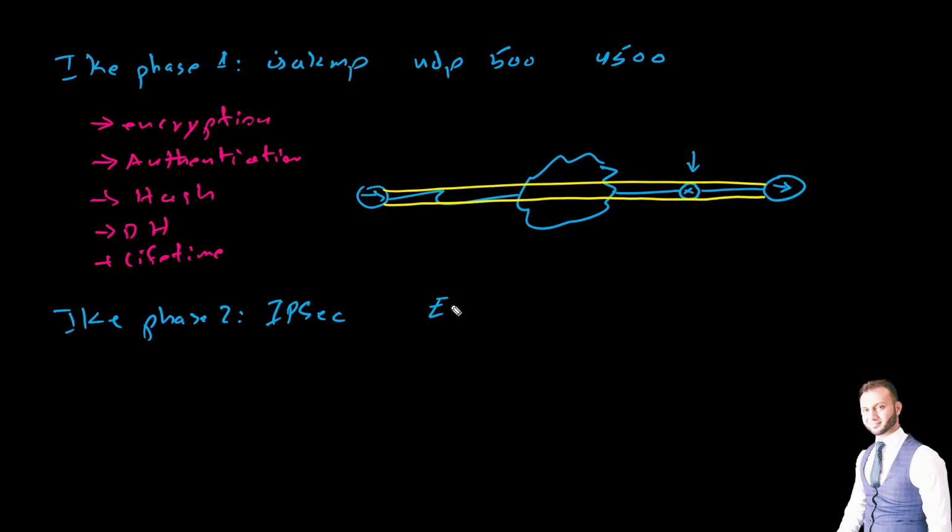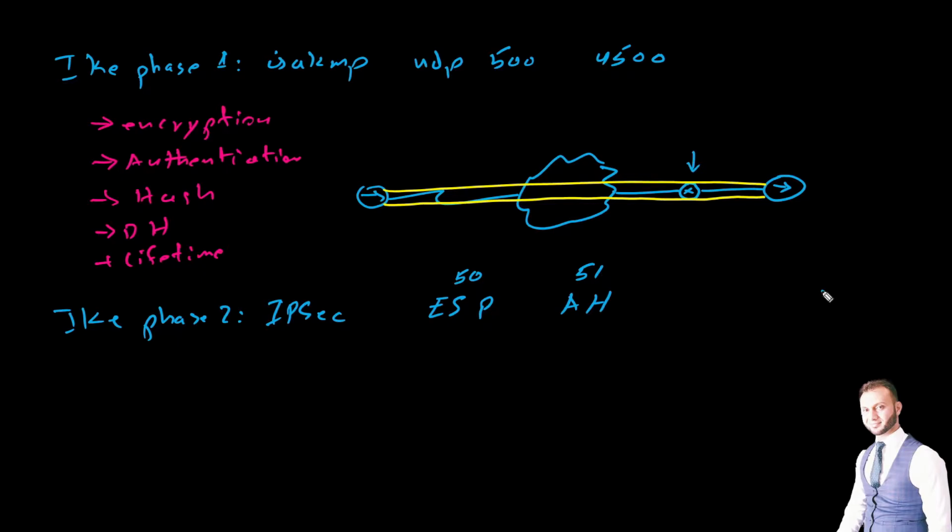One is ESP, Encapsulation Security Payload, and the other one is Authentication Header. Now, the difference between these two is that Authentication Header only encrypts the header of the packets. However, ESP encrypts the entire packet, which means that it encrypts the header as well as the payload. ESP is using protocol 50, and Authentication Header is using protocol 51.